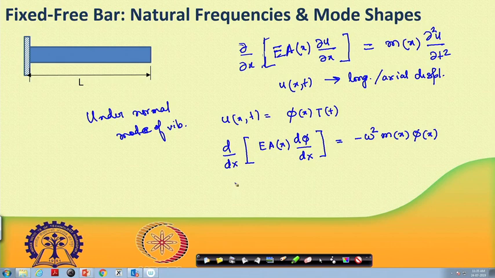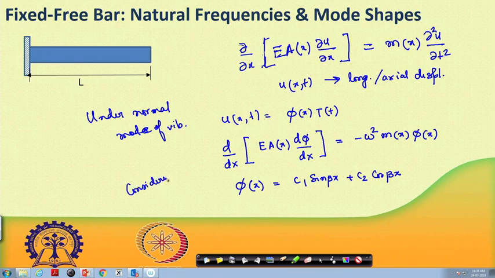Then we solved this equation and saw that the solution of φ(x) is C1 sin βx plus C2 cos βx. This was only for a uniform cross section, considering that the area, Young's modulus and the mass per unit length do not change with x.